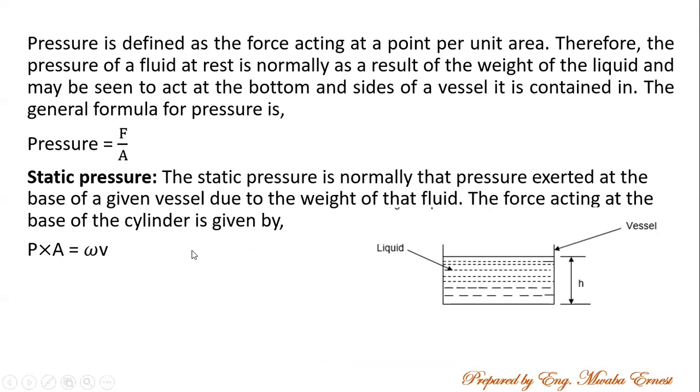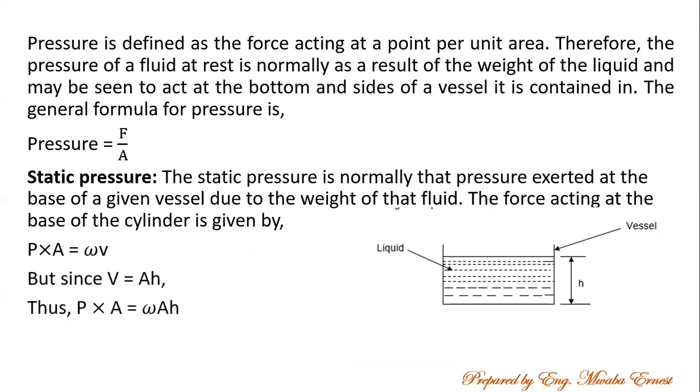Now, here what we have is this. Force is pressure times area. If you multiply specific weight times the volume, you also get a force. So these two can be equated. Now we also know that when you expand this one, volume is area times height.